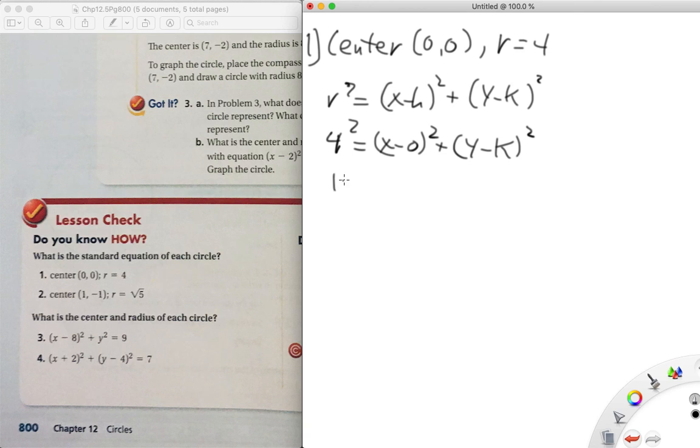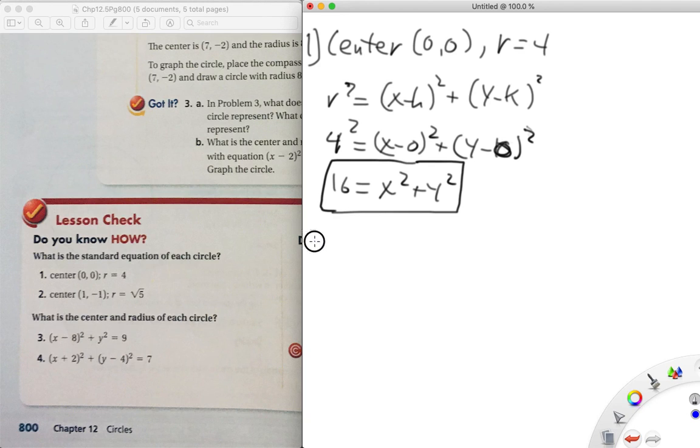So then we get 16 is equal to x squared plus y squared. So when the center is 0, 0, it's just going to be x squared plus y squared.